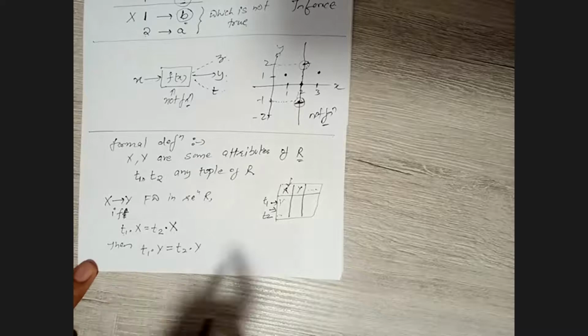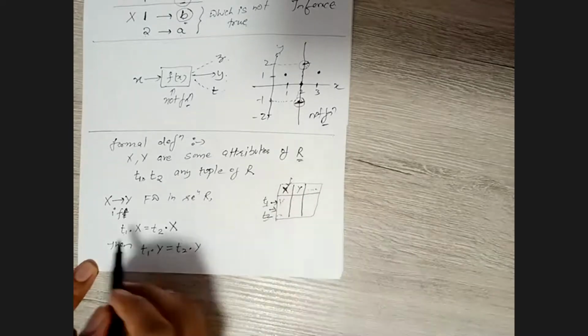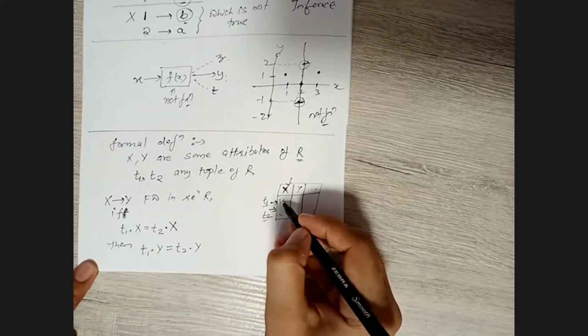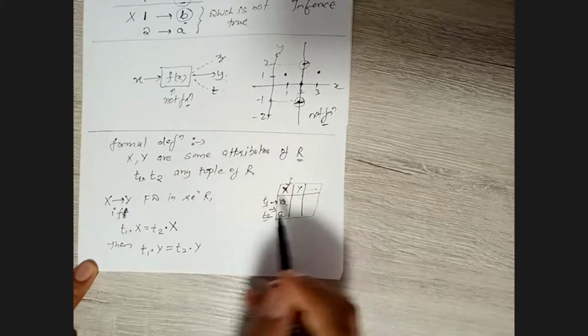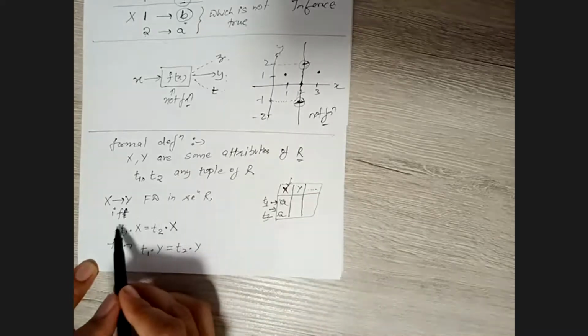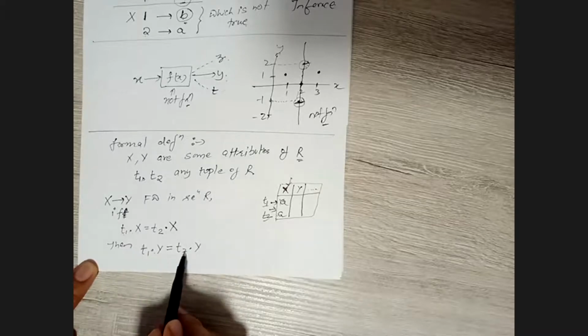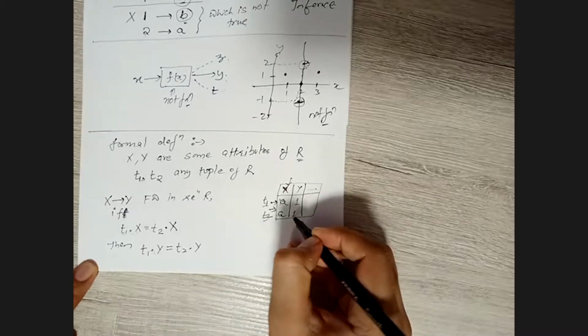Understood? It means in the X attribute, we have two different tuples T1 and T2, that is, T1.X equals T2.X. These are the same attribute values, for example, A and A, right? If this is the scenario, then T1.Y should also be equal to T2.Y. The Y values must be the same.